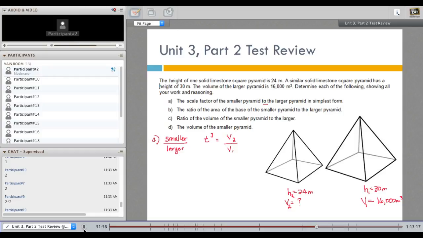We definitely know volume 1. So if we just have t cubed equals v2 over v1, a lot of students will write this, which is correct. They'll plug in volume 1, or the larger volume, down in the denominator. So far so good. Except now, if you try to solve that, what's going to happen?